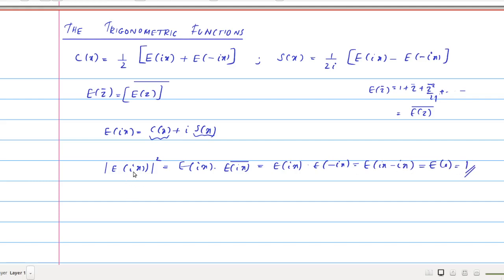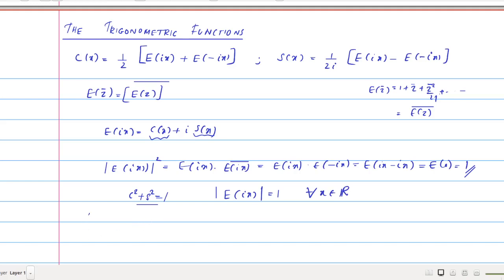That means the modulus square is equal to 1. So from this you can say that c square plus s square is equal to 1, because that is the square of the modulus of e of ix. Now we have mod e of ix equal to 1 for all real numbers x.